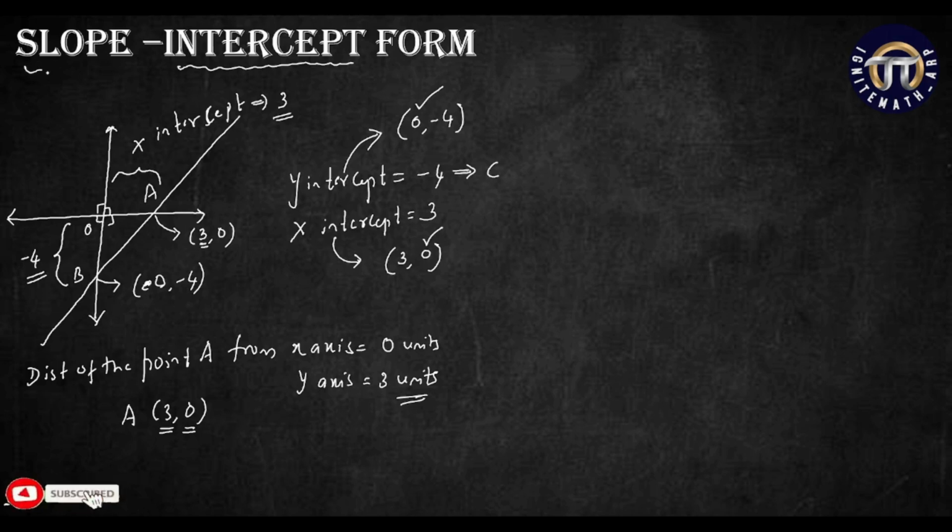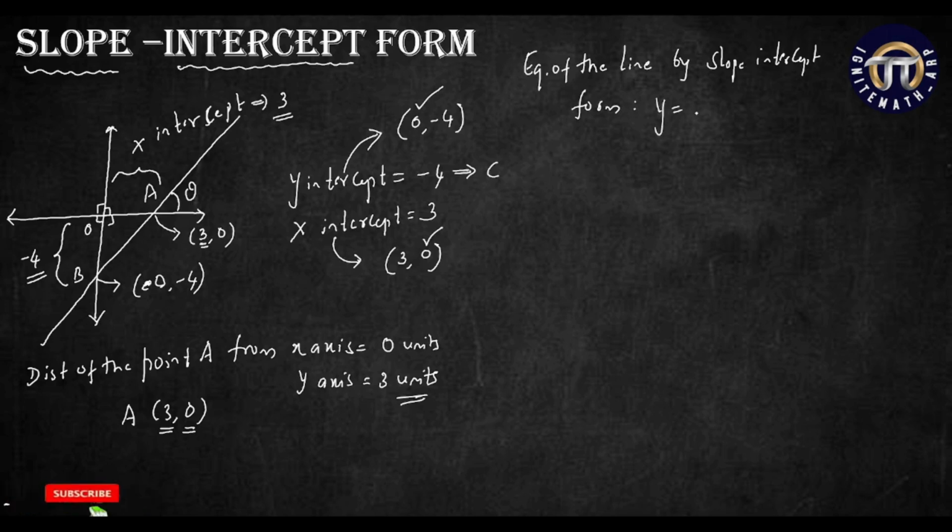So in slope intercept form, whenever I am aware of the angle of inclination of the line with the x-axis, I am also aware of the y-intercept. So the equation of the line by slope intercept form is given by y is equal to mx plus c, where m is nothing but a slope and c is nothing but a y-intercept.